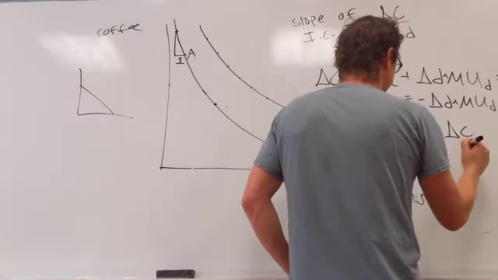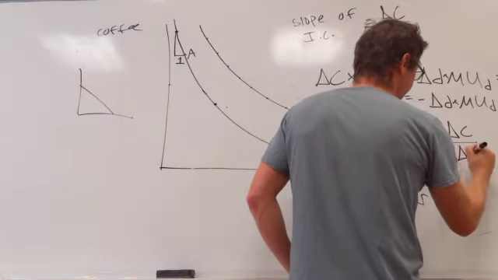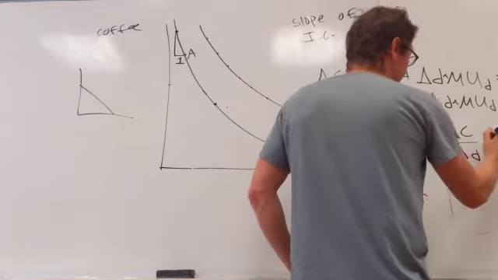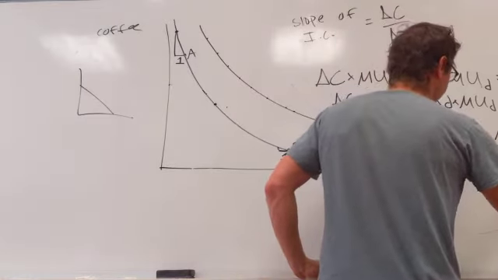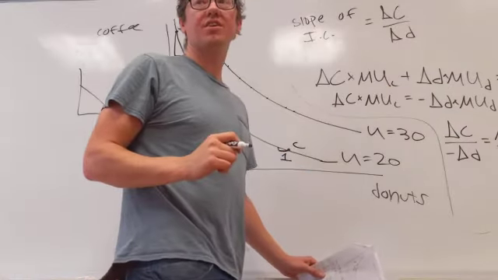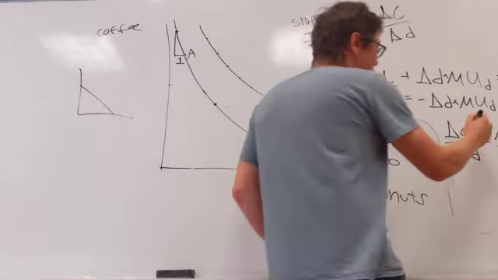It's delta C divided by negative delta D is equal to the marginal utility of D divided by the marginal utility of C. And that's the slope of an indifference curve.